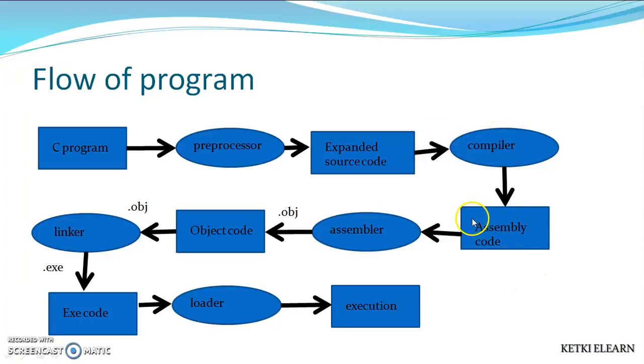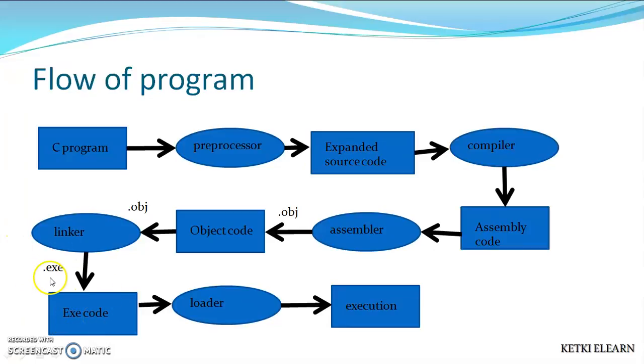Next, the assembly code is given to the assembler, which translates the assembly code into the object code, and the file has extension .obj. Again, the object code is given to the linker and it generates the .exe file, or executable code.